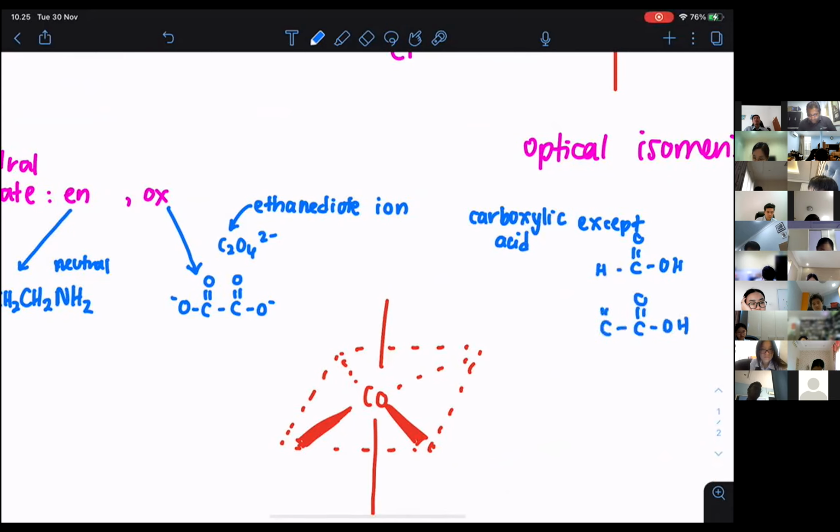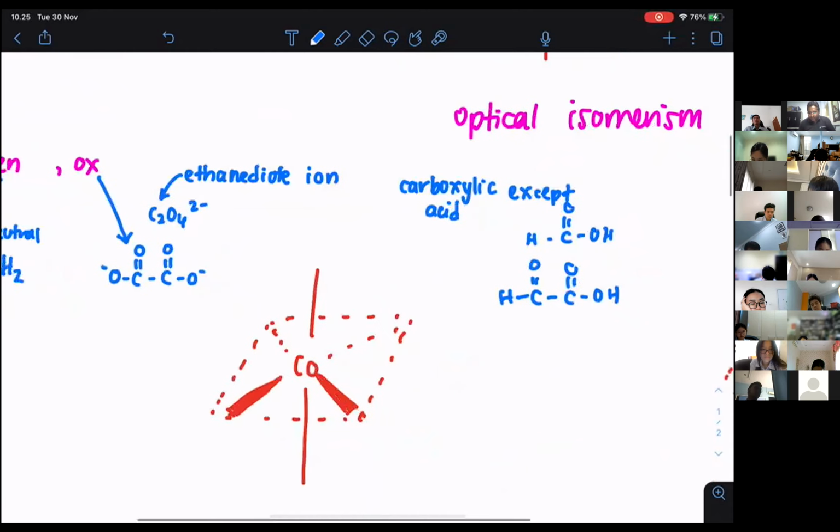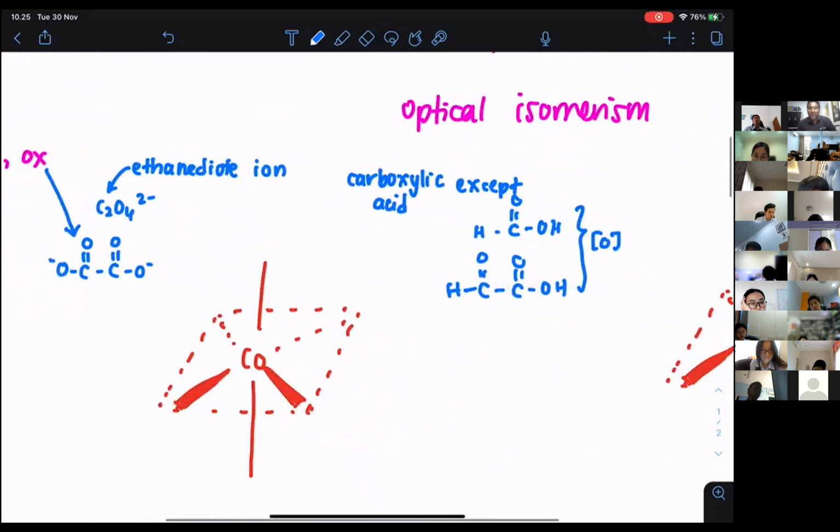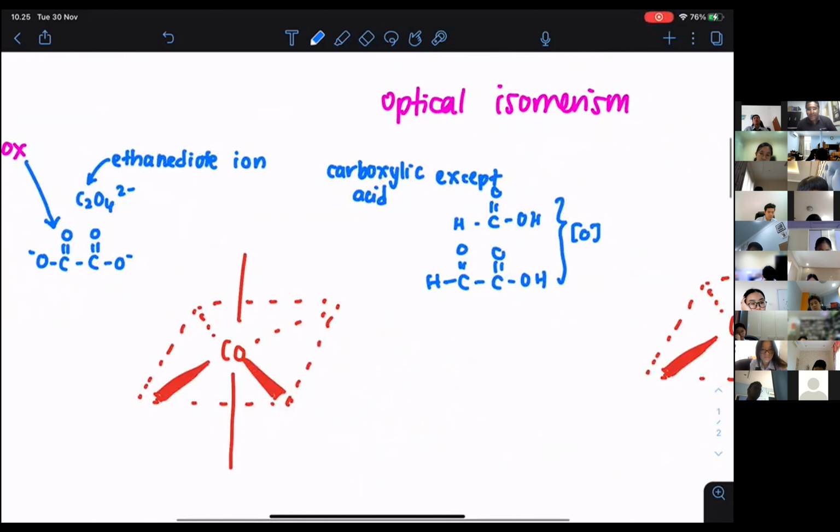These two can be oxidized with a strong oxidizing agent, potassium manganate or acidified potassium dichromate, and they will give you carbon dioxide and water. This is yesterday's lesson.